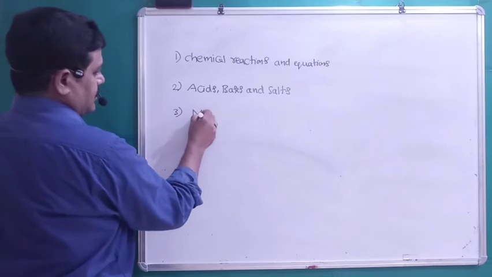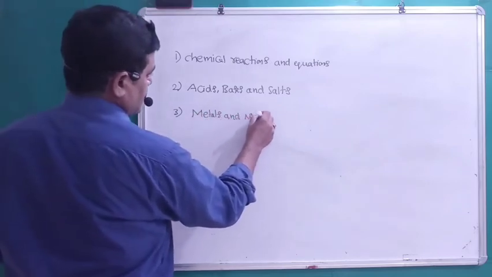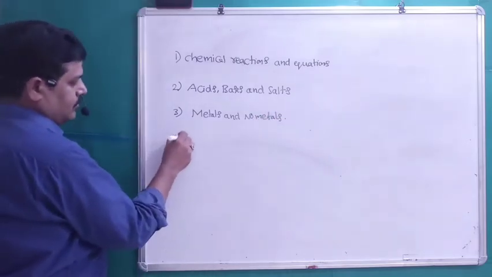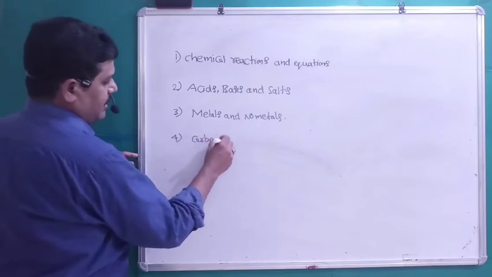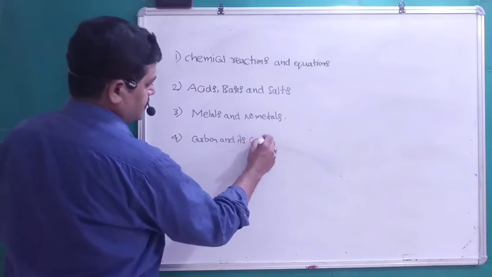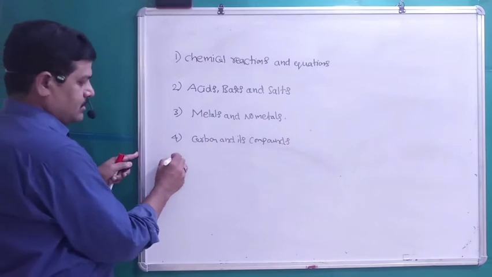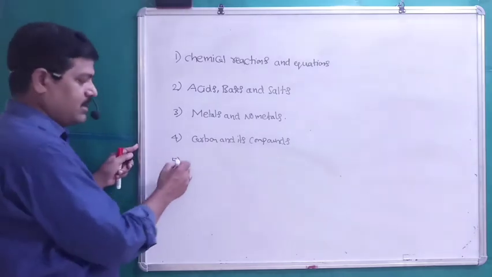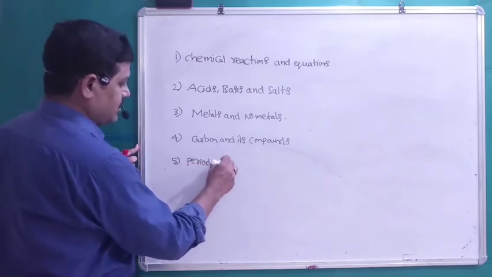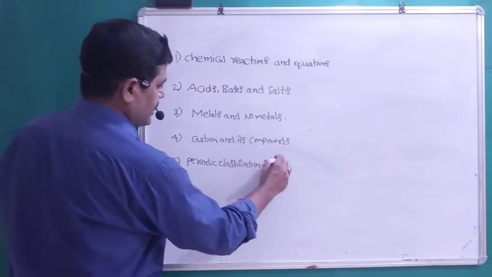Third chapter is metals and non-metals. Fourth one, carbon and its compounds. The last and final chapter, a very basic and very important chapter, is periodic classification of elements.